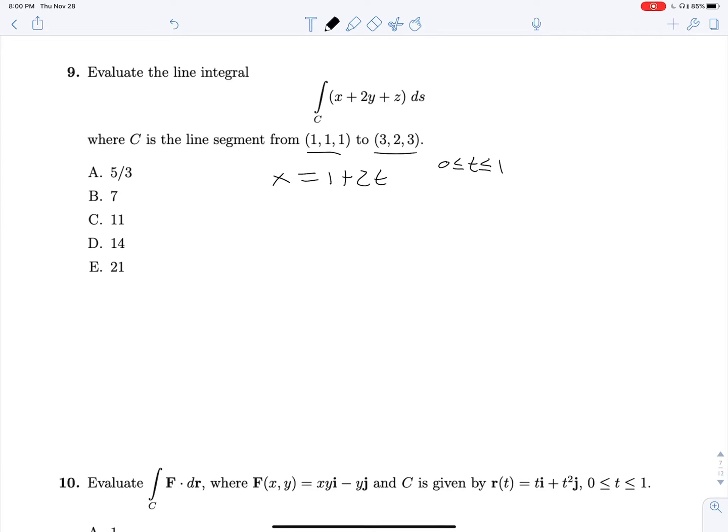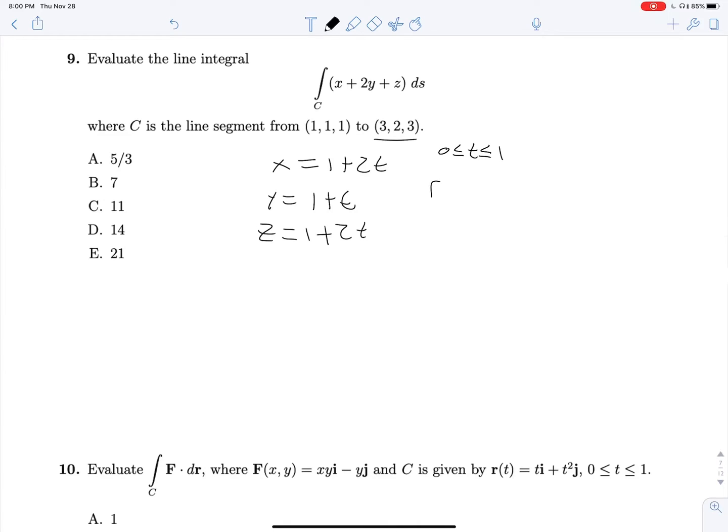And in this case, we see that this works out fine, because when t is equal to 0, we want our value of x to be 1, and we'd like to add 2 as we go up in t. And really, you can parametrize this any way you want, as long as it is this line segment, you'll be fine. Y is going to be equal to 1 plus t, and z is equal to 1 plus 2t.